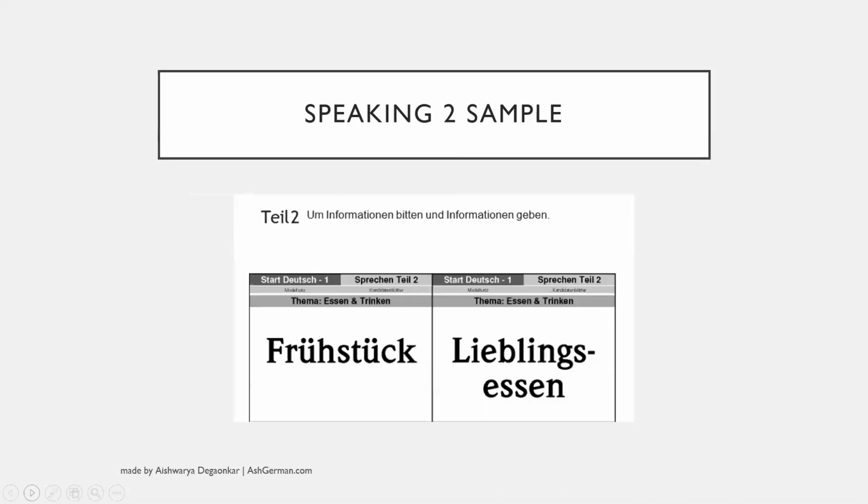Then the next section is about asking some question. It could be a yes-no question, it could be a W question, and you responding to your partner. Because when you introduce yourself, it's always between you and the examiner. But section 2 and section 3 of the speaking test deal with someone else who is also a part of that particular exam room.